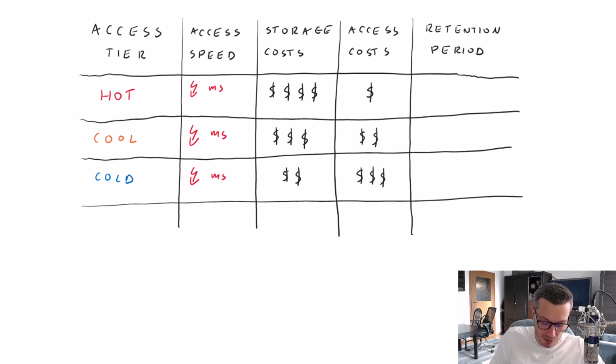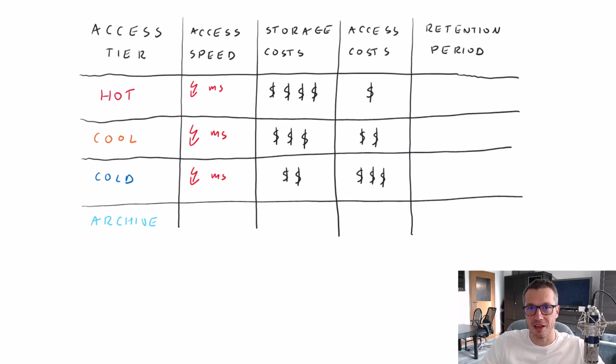And finally, what we have is the archive access tier. So let me just write it down using blue, light blue color. Archive. Now, in this case, we cannot access our data instantly because, well, it's archived.